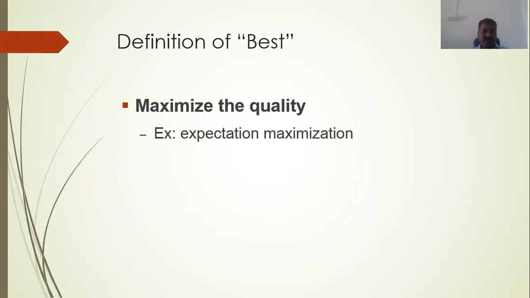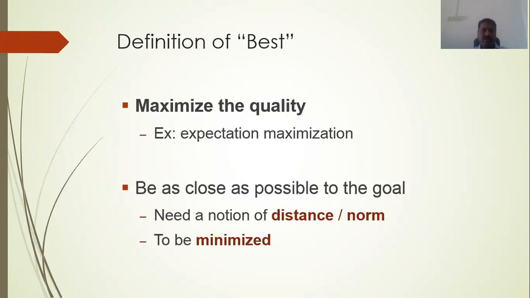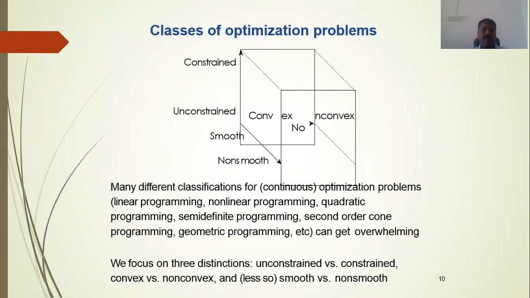So the definition of best means maximize the quality, meaning be as close as possible to the goal. Then we need a metric, right? Like a distance or norm that has to be minimized. So optimization is classified into many classes like constrained, unconstrained, smooth, non-smooth, convex, non-convex.